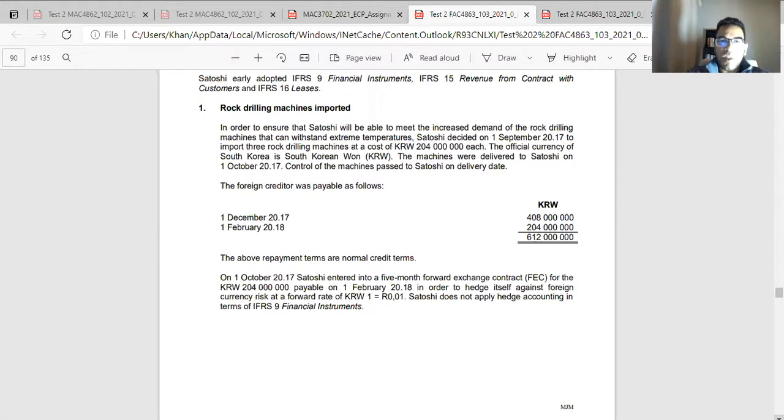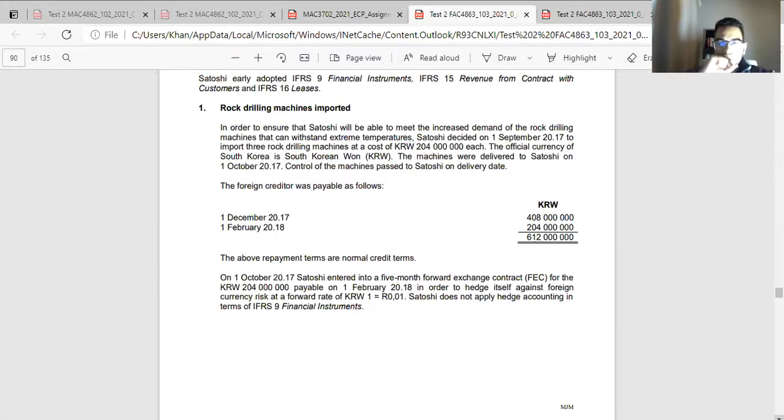Each machine costs 204 million won. We imported from Korea, it's coming to South Africa. Once we receive it, we must say debit inventory, credit payable, or credit bank, depending on whether we're paying immediately or whether we're paying at a later date.